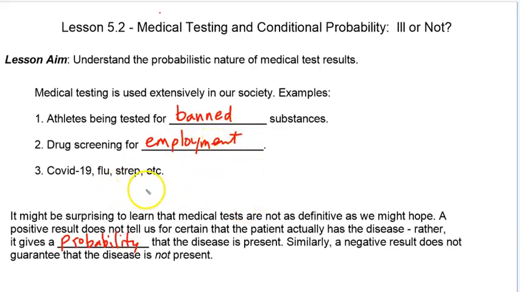And of course, we've all gone to our doctor when we suspect that maybe we have COVID or flu or strep or any of the other diseases we could pick up, and there's a really quick test we can be given. That's very helpful, but again, it just opens up the probability that the disease is present, and it doesn't do it with 100% certainty. So that's laying the groundwork for today's lesson.